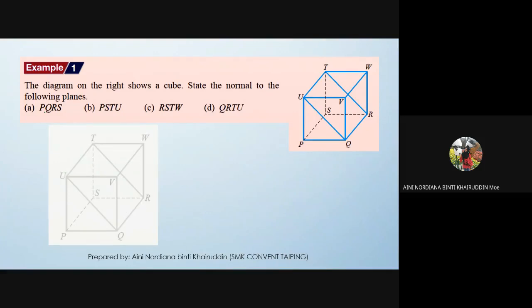A, plane PQRS. So which is the plane? So here is plane PQRS. So what is the normal to this plane? Okay, so this is the first one, UP, because this line forms a 90 degree to the plane.